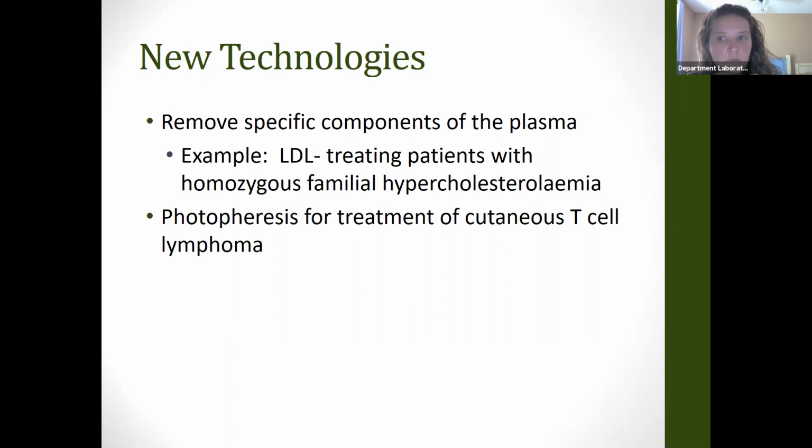It's not a cure, it just alleviates their symptoms. There's another one. They can take off the patient's granulocytes and do a photo treatment to try to kill or zap those malignant T cells. And then the other remaining granulocytes are given back to the patient. That's a fairly new treatment.